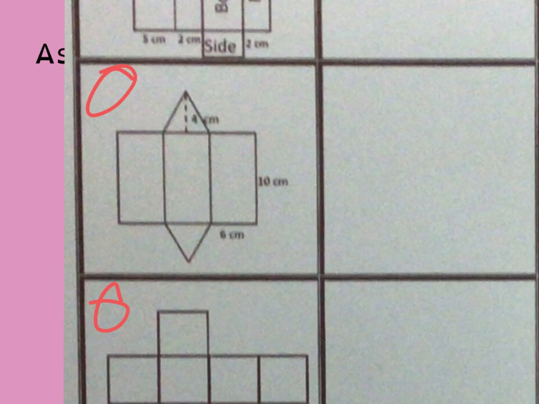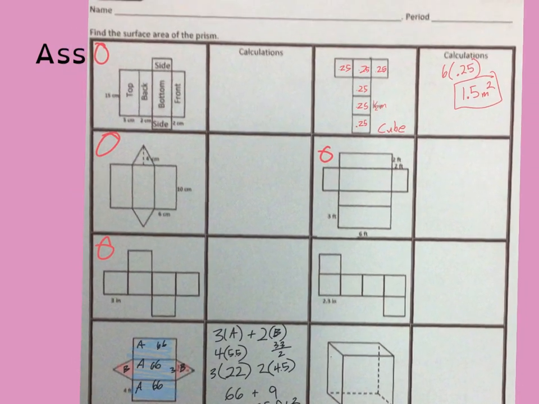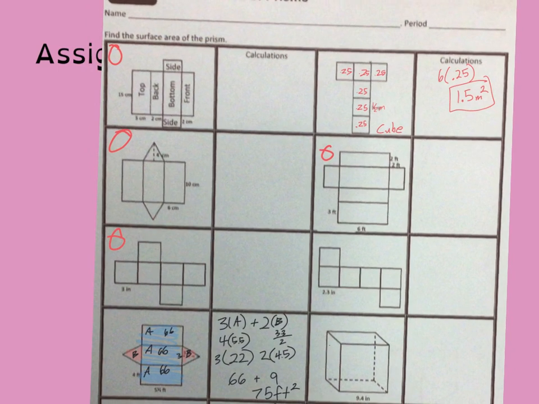So you can see right here, there are no decimals there. There are no decimals here. And there are no decimals on this guy or on this guy. So those are your 4 problems for your assignment.